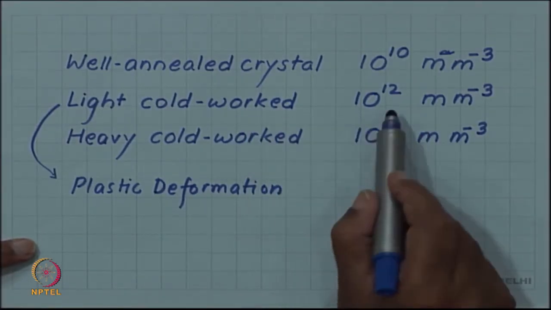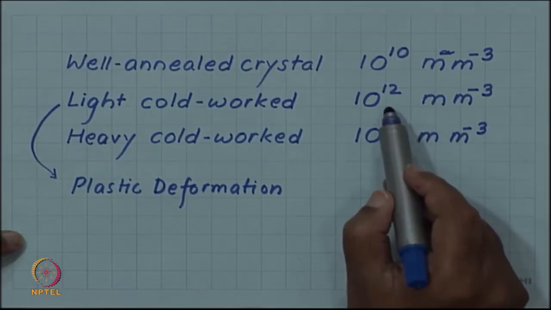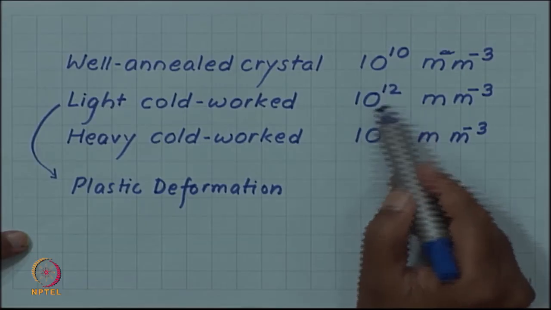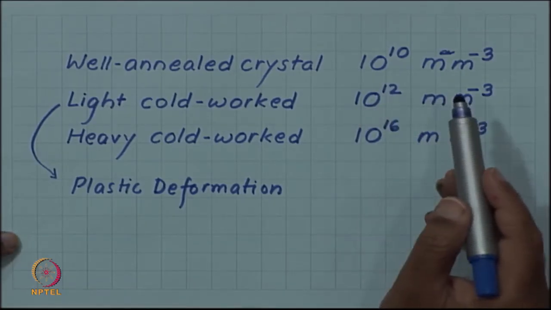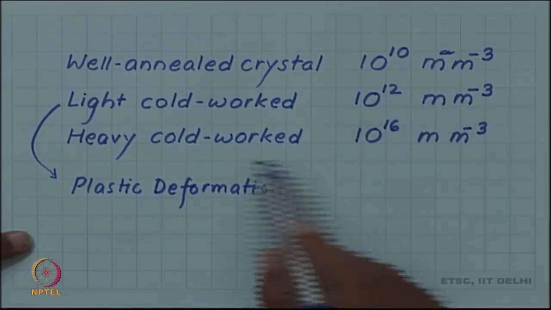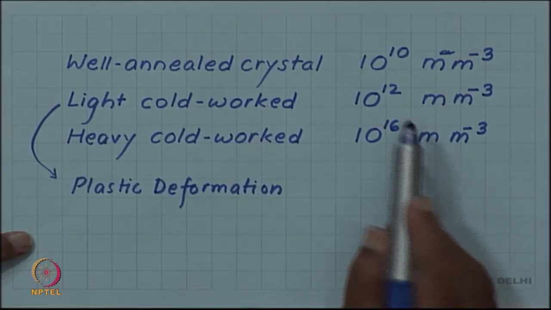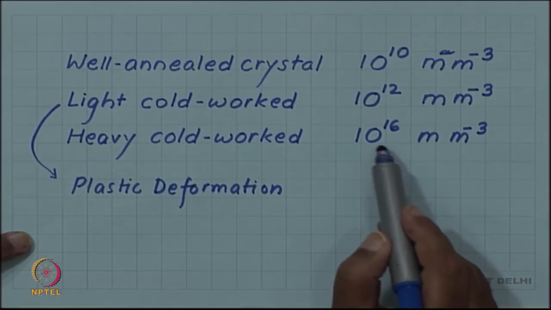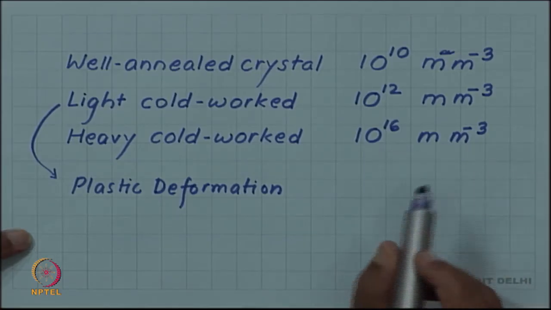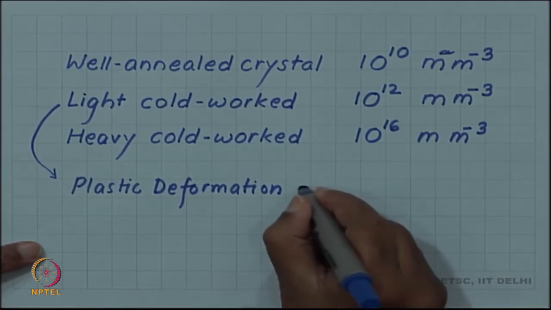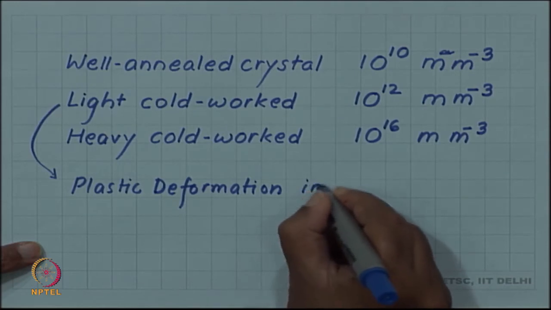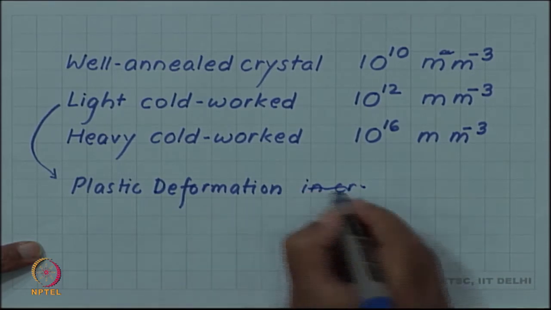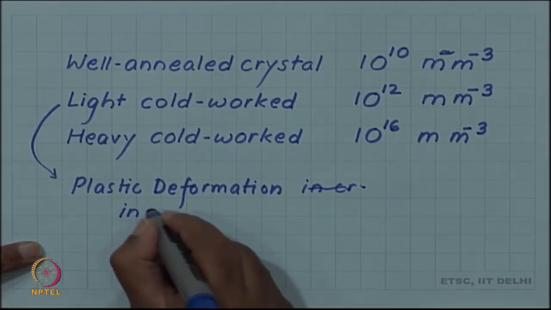So, a light plastic deformation will increase by an order of 2, to 10 to the power 12. And if you do heavy cold working, the dislocation density can increase a million times and can go to 10 to the power 16. So, plastic deformation increases the dislocation density.